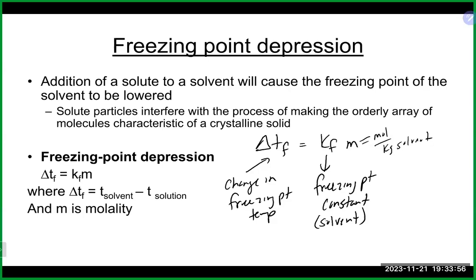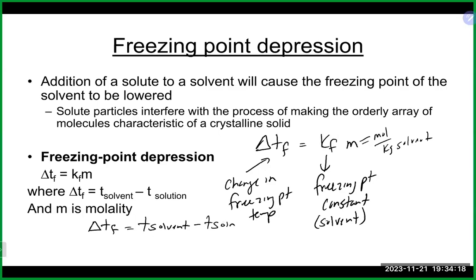When you calculate the change in freezing point temperature, because the solution will actually freeze at a lower temperature than the solvent, this is a very important part of that calculation. The change in the freezing point temperature is the temperature of the pure solvent, because it'll be a higher temperature than the temperature of the solution.